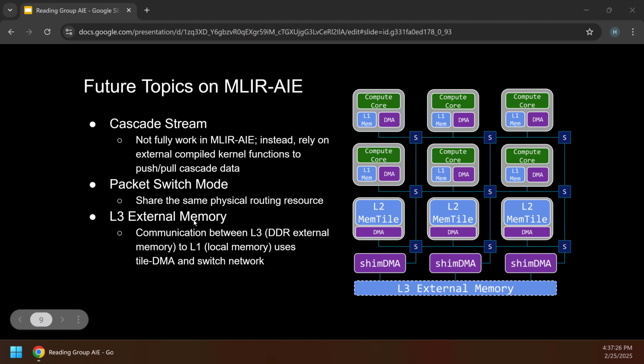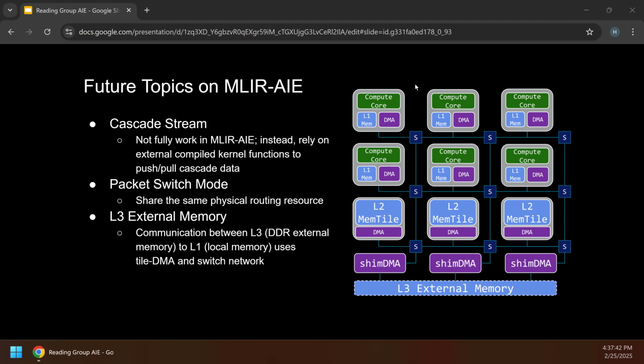Currently there are some features for supporting this cascade streaming, but not fully worked out in the MLIR-AIE ecosystem.